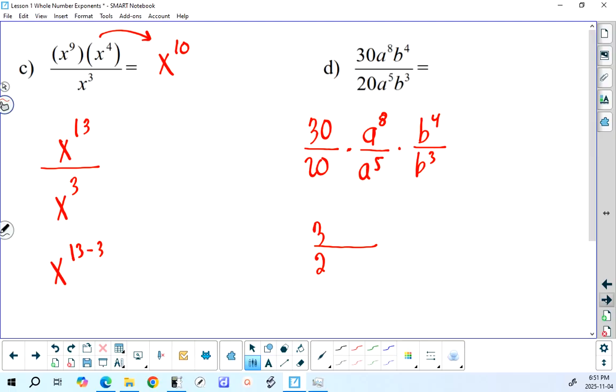And if I subtract 8 minus 5, I get 3. So I get a to the 3. And then b to the 4 over b to the 3. I subtract the exponents and get b to the 1. I certainly don't need to write b to the 1, but I'm going to put it in nonetheless. So that's the answer to D.